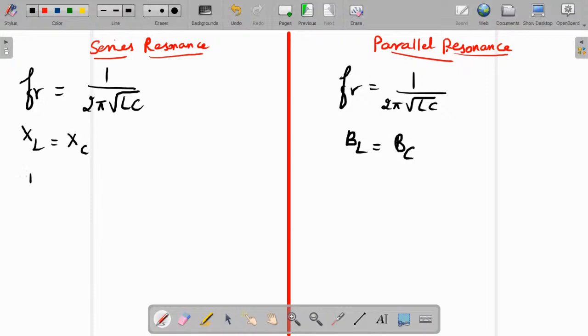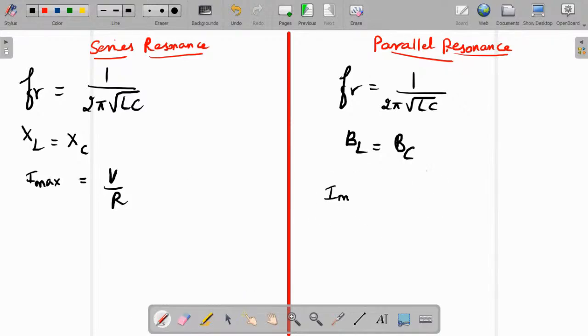Similarly, if they ask for maximum current at resonance, it is nothing but V by R. Here, for parallel resonance, you should remember the three terms: conductance, admittance and susceptance. Sorry, in parallel resonance we have minimum current, and in series resonance maximum current.